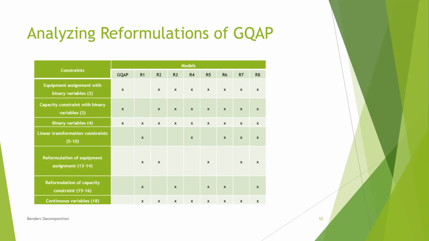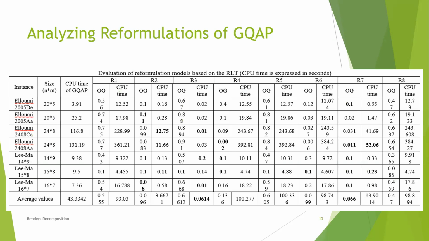So each reformulation, as you can see, uses a set of constraints. And we can see how these constraints affect the optimality and the quality of the solutions.